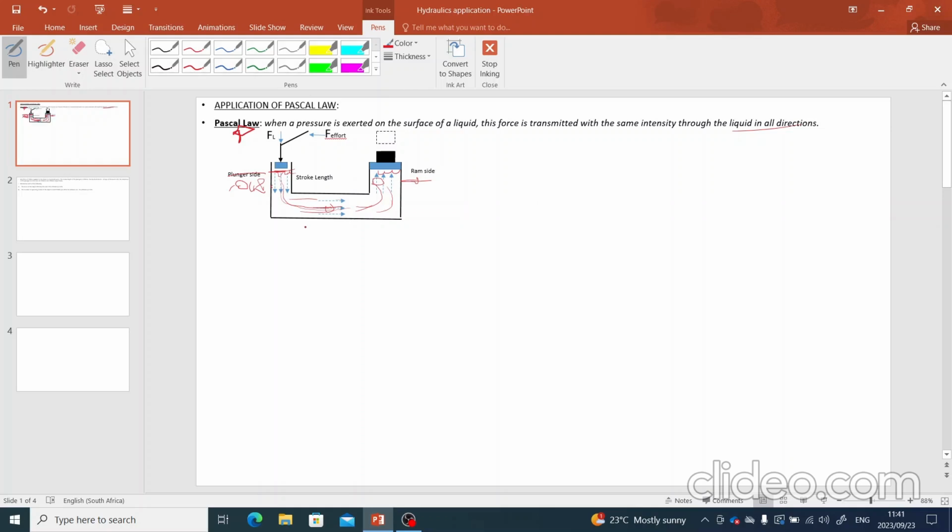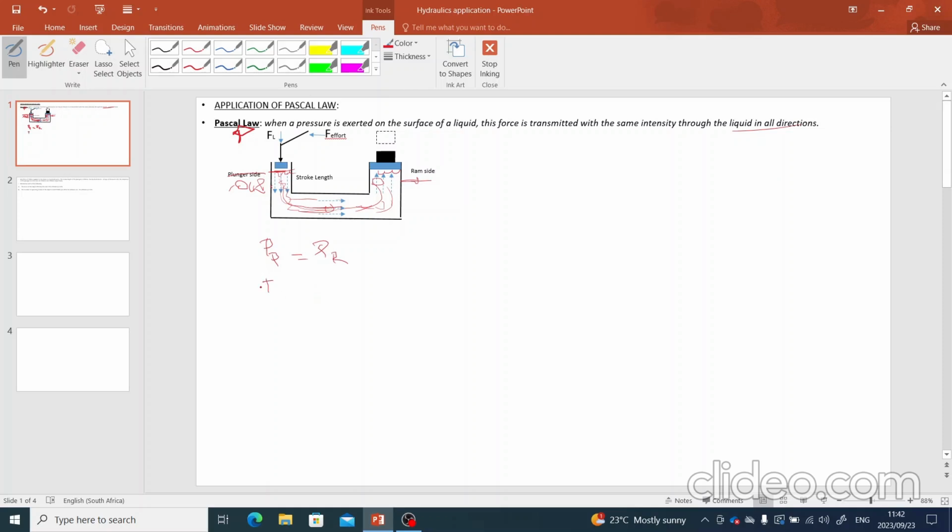Pressure does not depend on the size or shape of the container. It depends on the content in that system, which in this system is the liquid. Then another characteristic says, if that's the case, it means pressure on the plunger equals pressure on the ram.